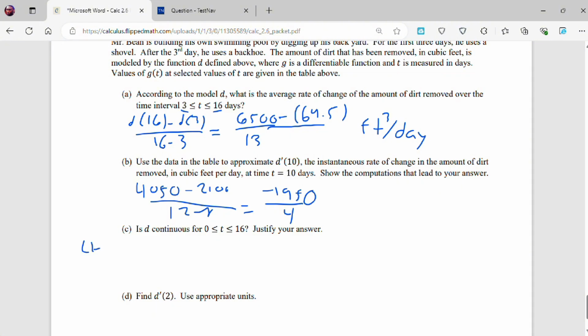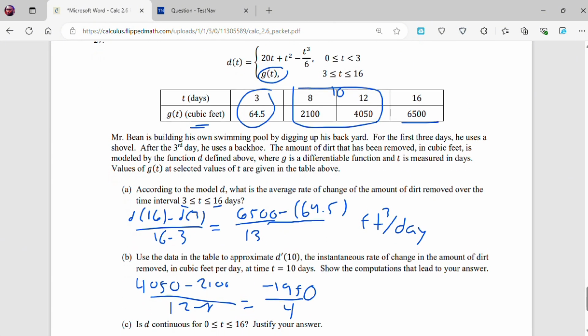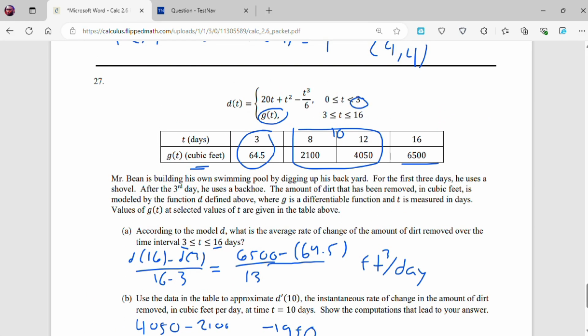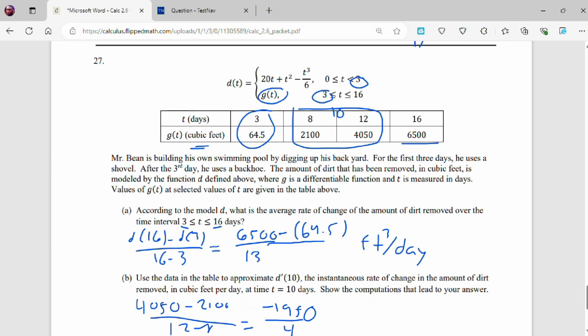Our left hand limit has to be equal to our right hand limit, has to be equal to our function value at that point. Okay. So we're going to use 3, right? Because that is what separates these functions. That is the point where it shifts.